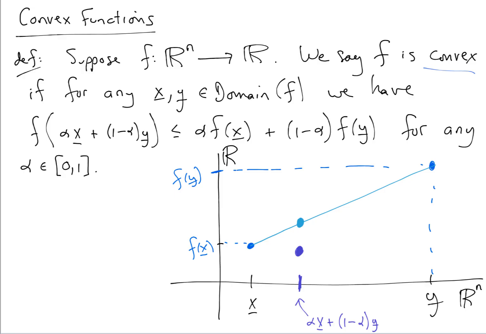Again, take this weighted average of x and y, evaluate f at that point, and you get something lower than the same weighted average of f of x and f of y.